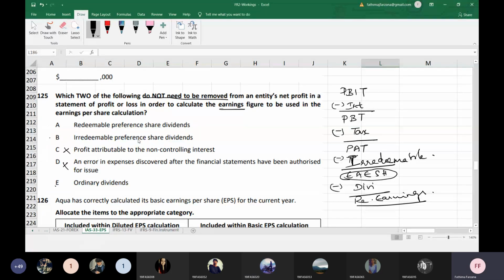No, that is who are going to come as your equity shareholders. Irredeemable or redeemable? Redeemable. So only A and B will get the earnings at the end. Irredeemable preference shares.